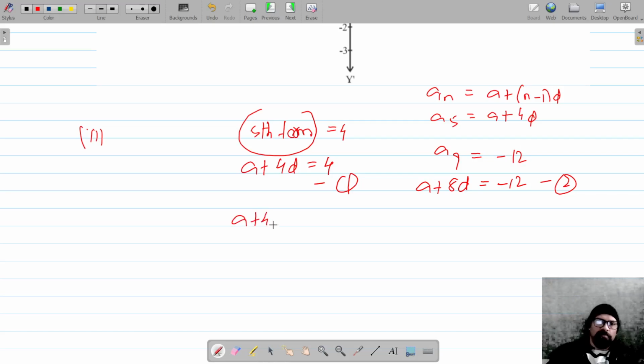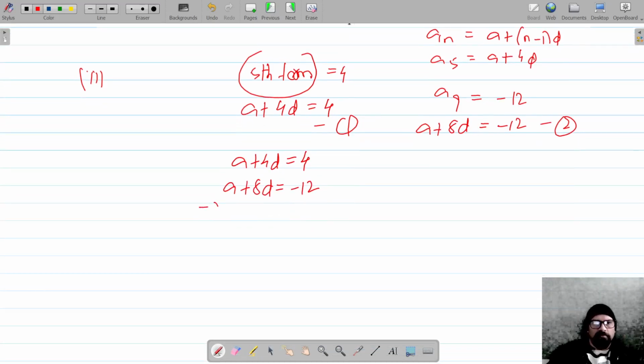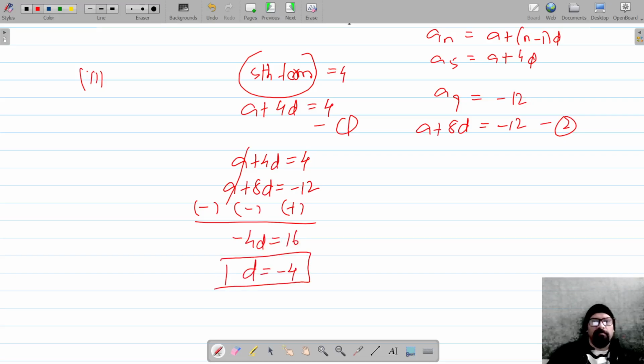Subtracting, a cancels out, and 4d minus 8d is negative 4d is equal to 16. So d is equal to negative 4, and that means we have got the common difference.